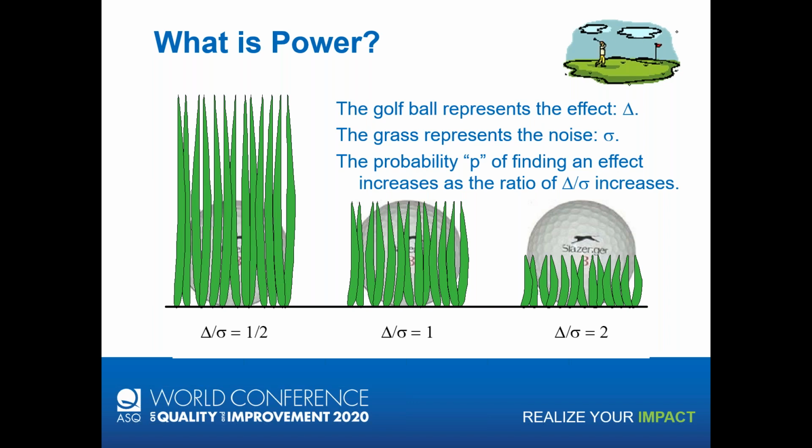Now, the other thing I can do is I could get the lawnmower out. I could mow down that grass. And if I mow down the grass, then I'm going to change my signal to noise ratio again and increase the likelihood of finding my effect. Now, ways of mowing down the grass are things like blocking.